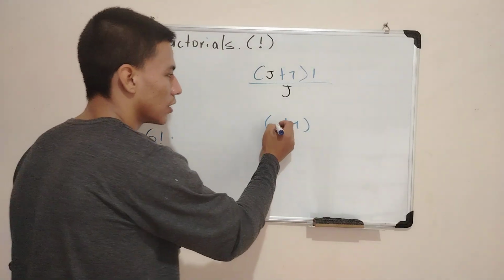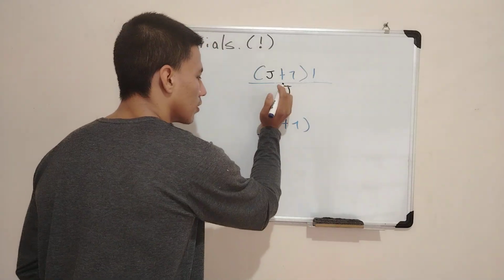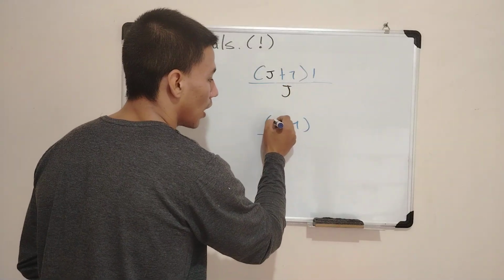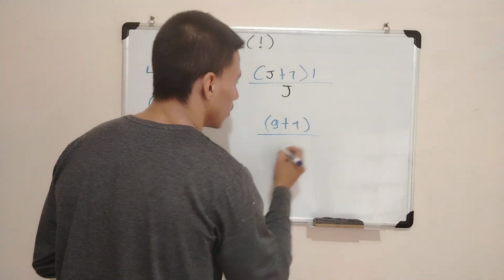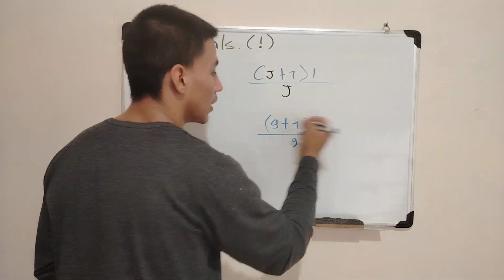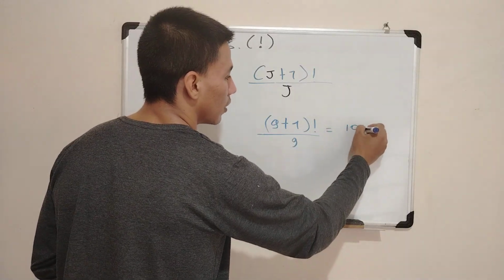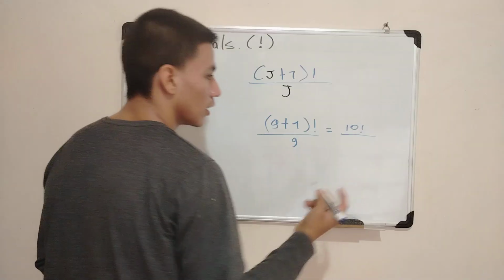Let's use 9. 9 plus 1 factorial over 9 factorial. So this will be equal to 9 plus 1 equals 10. The factorial of 10 over 9 factorial.